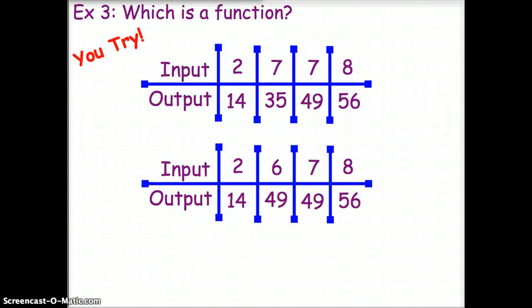Your turn to try. One of these is a function and one of these is not. Pause your video at this time and decide which is the function and which is not. The top one is not a function. The bottom one is a function. If you got it right, draw yourself a little cat face.